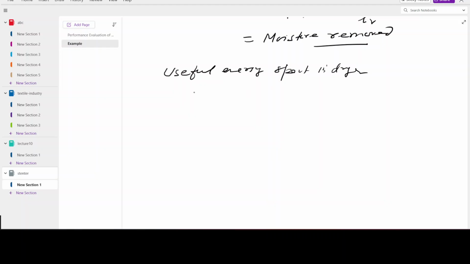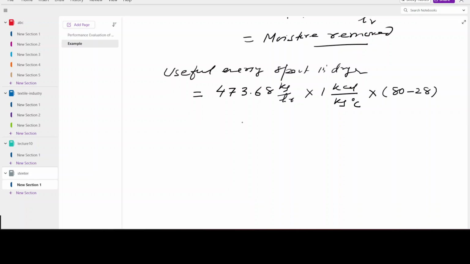It had two components, sensible heat and latent heat. Sensible heat here is the mass of moisture removed, 473.68 kg per hour, into the specific heat capacity of water in kilocalorie terms. It will be 1 kilocalorie per kg per degree centigrade, and the temperature difference, which has been given in the question: output temperature is 80 and input temperature is 28.